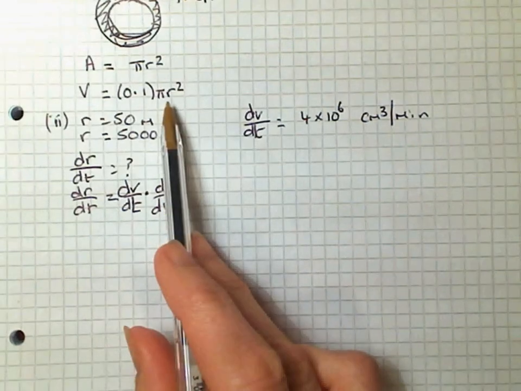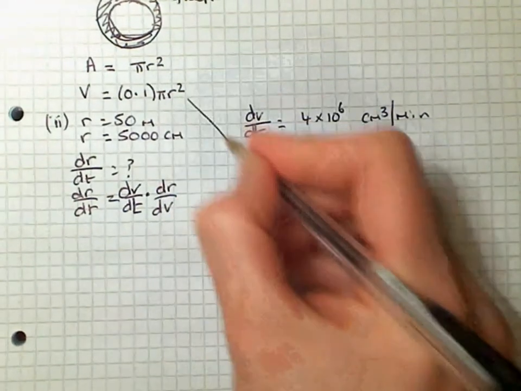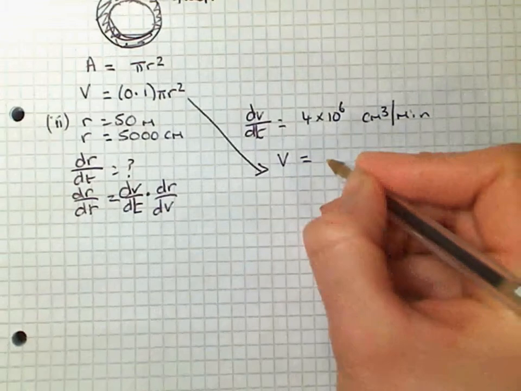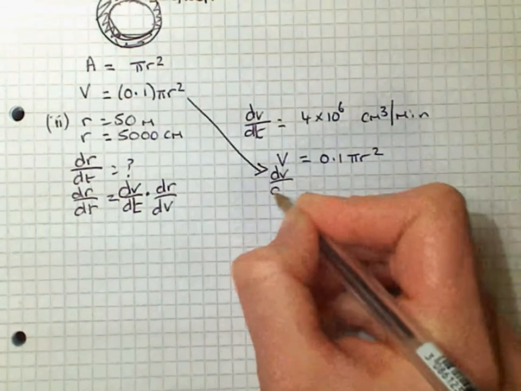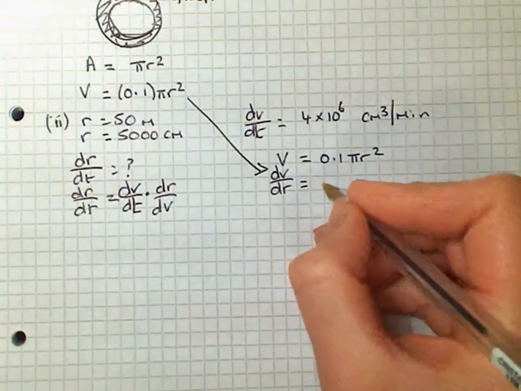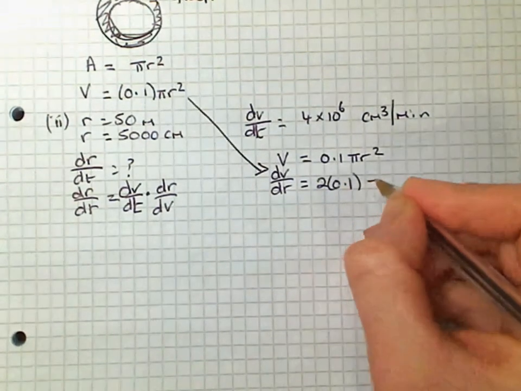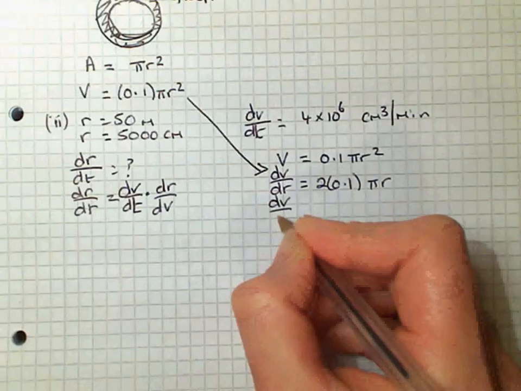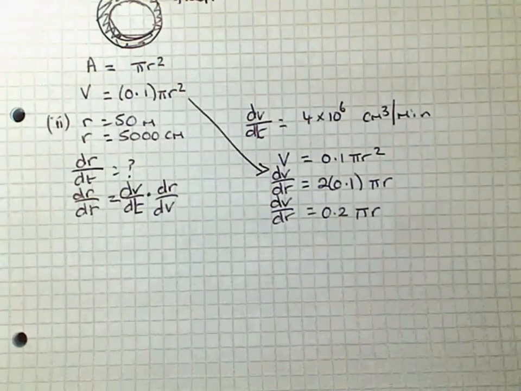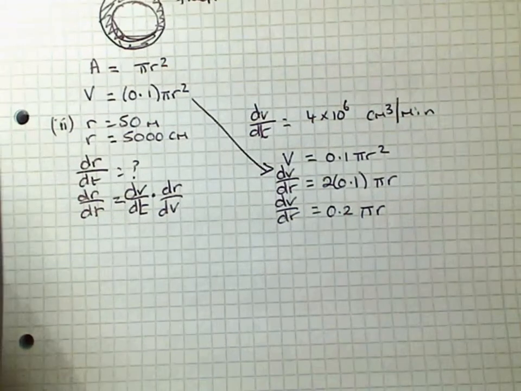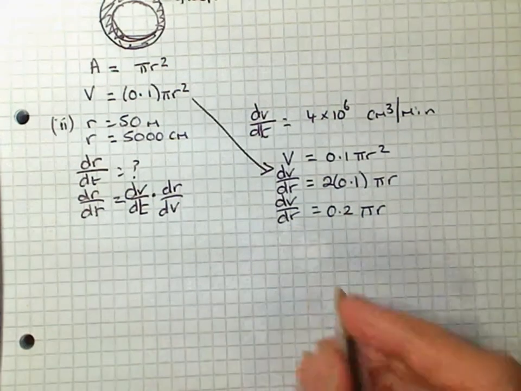Now if I look here, my volume equation is 0.1 pi r squared. So I can find dV dr by differentiating, and I get 2 by 0.1 pi r. So dV dr is 0.2 pi r. And I'm not looking for dV dr, I'm looking for dr dV.